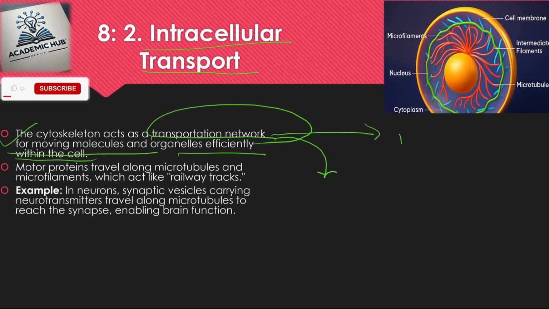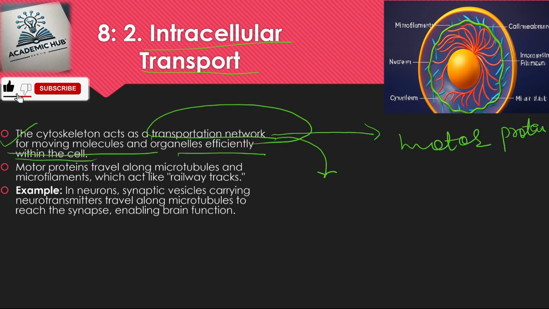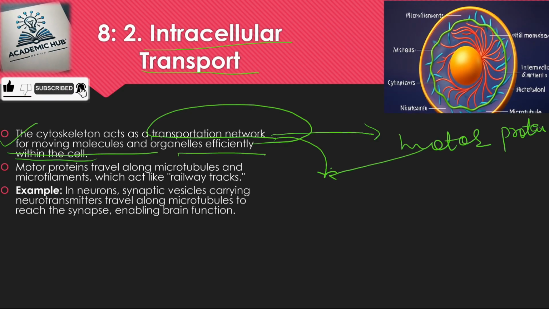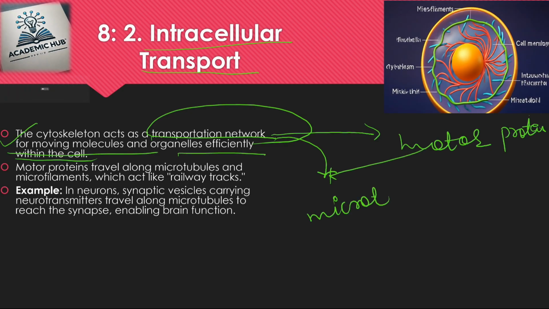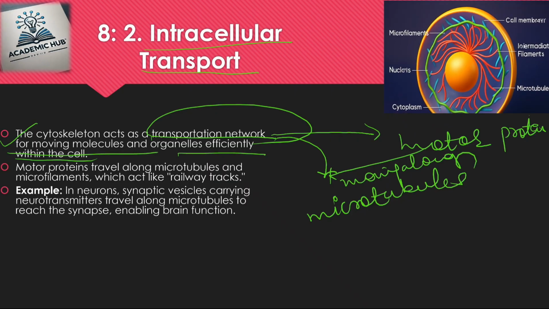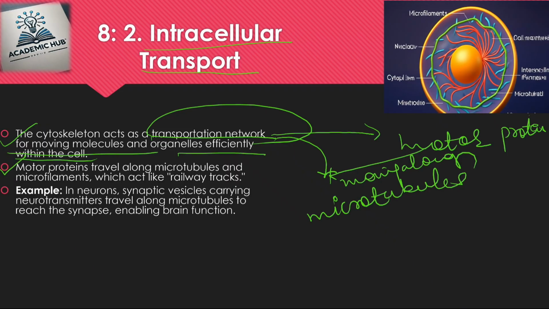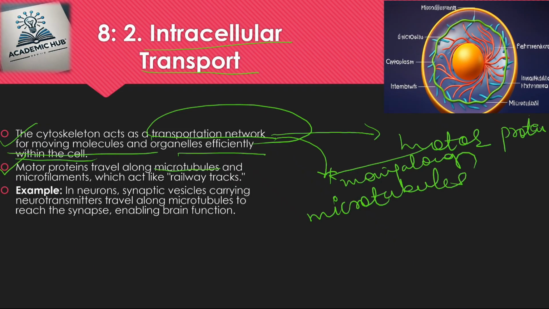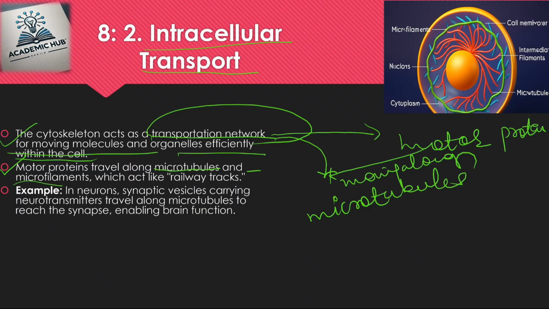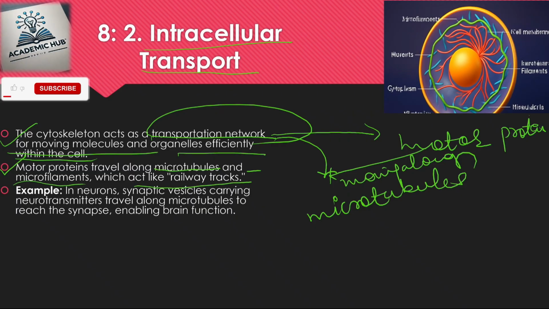With motor proteins moving along microtubules, and microfilaments are like a railway track. Means motor proteins travel along microtubules and microfilaments act as a railway track.